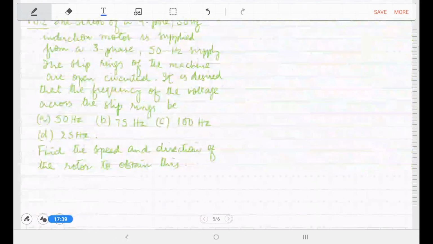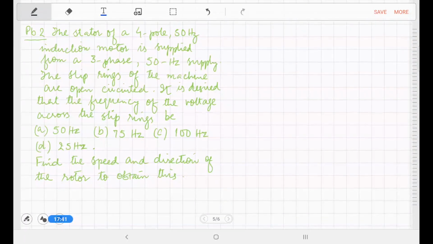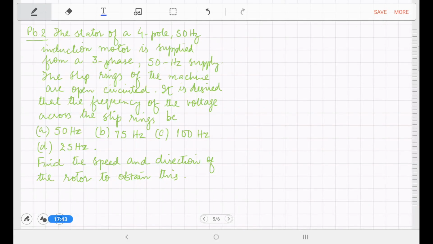So let's solve another problem. I'll read the second problem. The stator of a 4-pole 50 Hz induction motor is supplied from a 3-phase 50 Hz supply. The slip rings of the machine are open circuited. It is desired that the frequency of the voltage across the slip rings be 50 Hz, or 75 Hz, 100 Hz, or 25 Hz.